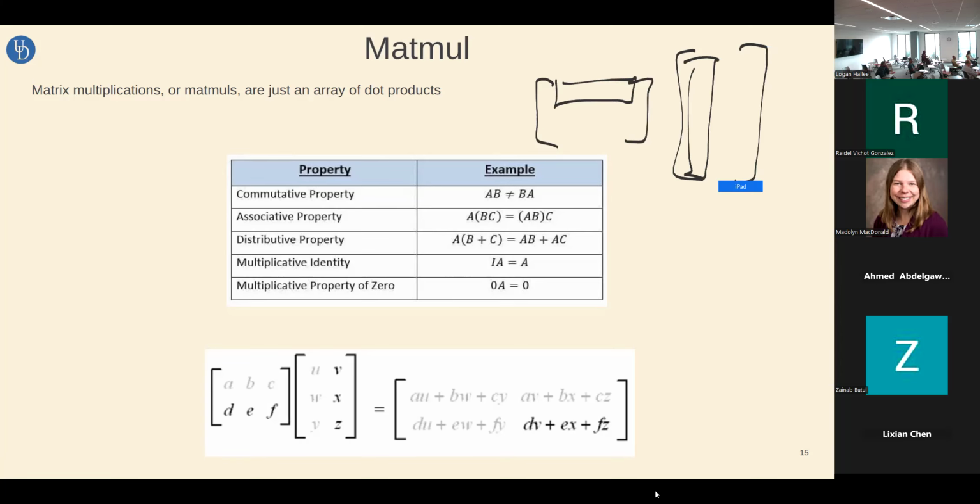If you call these A and B as vectors, you take their dot product, and that shows up in the ith row, jth column. That would show up in the jth index of the matrix. Is everyone familiar with matrix indexing?